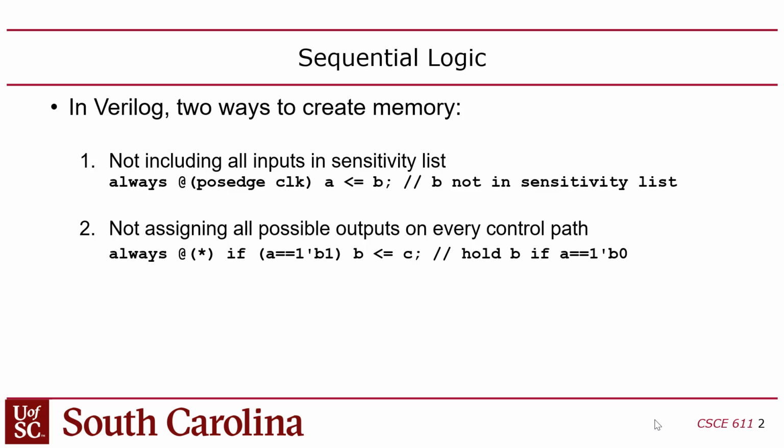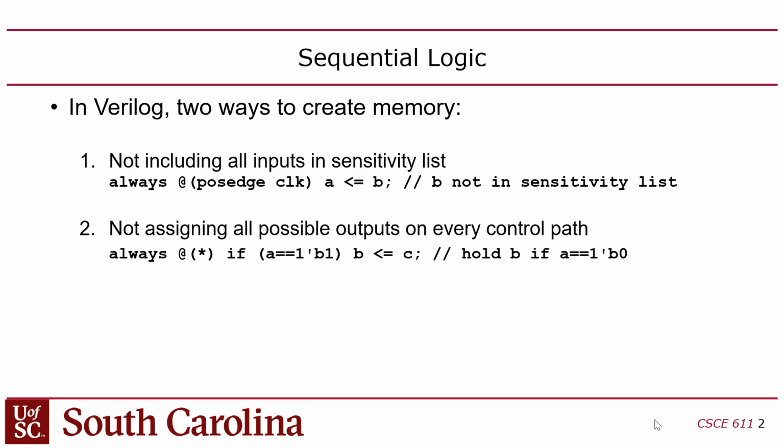Okay, so in this case, we have always at posedge clock, A gets B. What ends up happening there is that if B and A are both updating on the rising edge of the clock, then when you simulate this, you're going to find that there's a 1 cycle delay for A relative to B. So anything that's on B will appear on A in the next cycle.